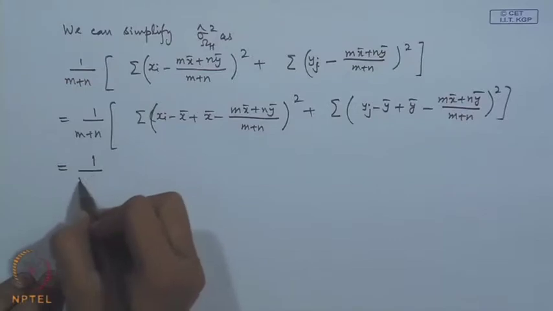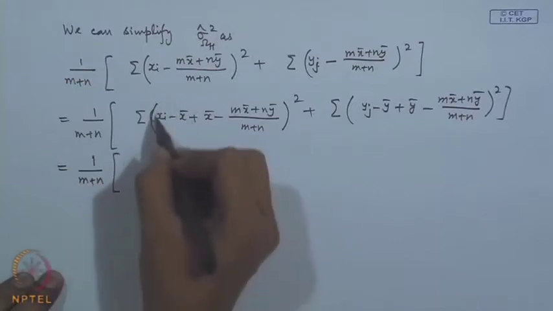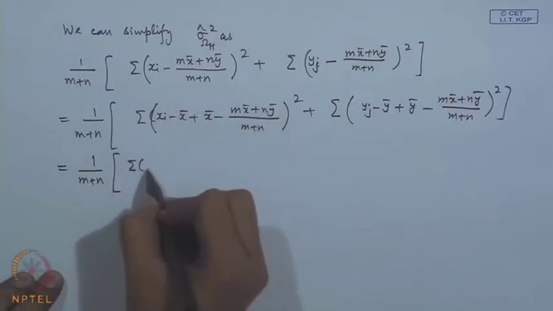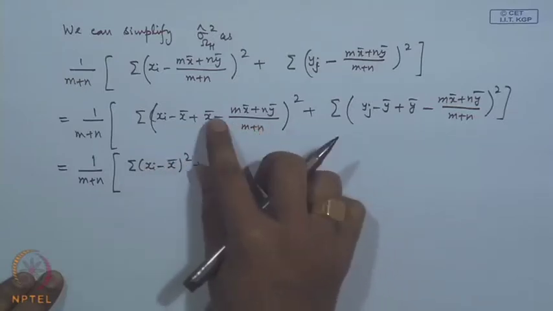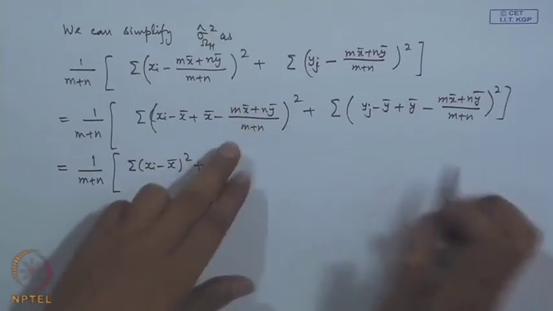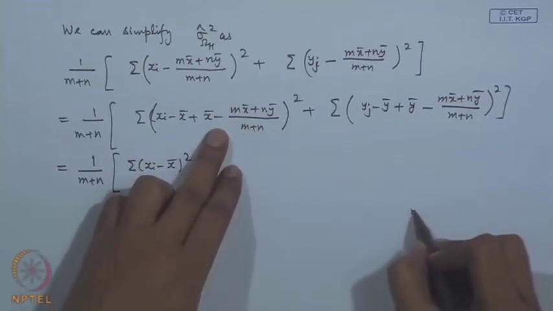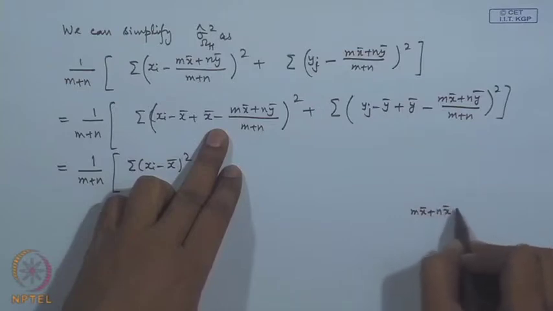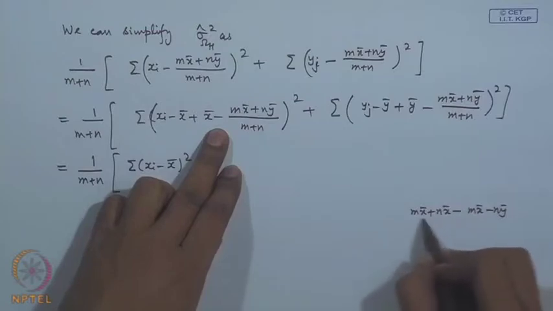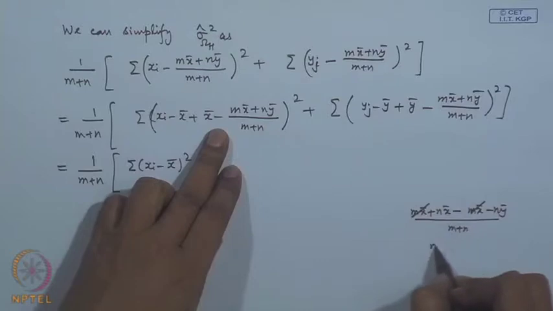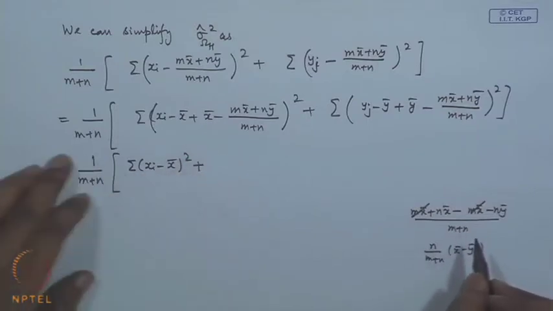So, that is equal to 1 by (m plus n), and this term now I expand. So, I will get sigma (x_i minus x bar) square plus, now this second term if I simplify, I get (m x bar plus n x bar minus m x bar minus n y bar) divided by (m plus n). So, m x bar gets cancelled out and I get n divided by (m plus n) times (x bar minus y bar), and this will be squared.